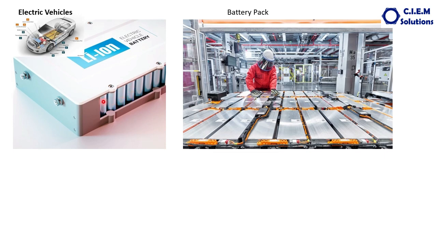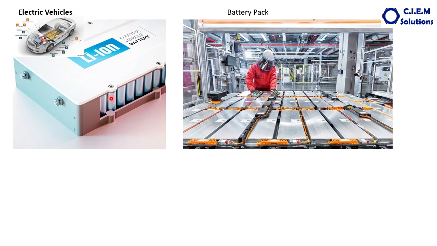Like that, a set of cells are arranged to make a single module. So a module will have multiple number of cells. Again, these modules are connected in series and arranged on the vehicle platform. This is how cells are arranged. So this is each module, and each module again has multiple number of cells.